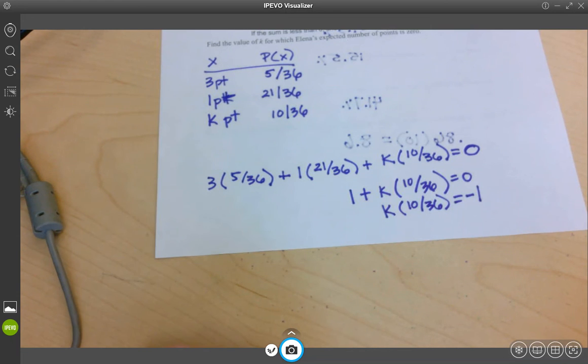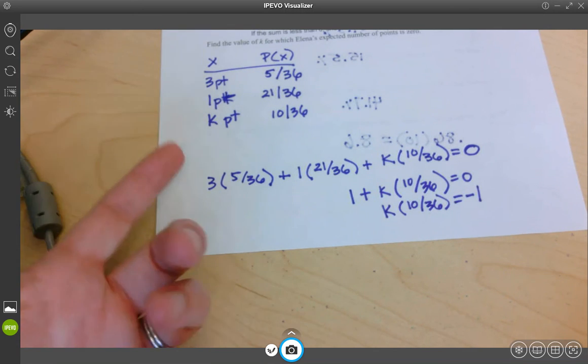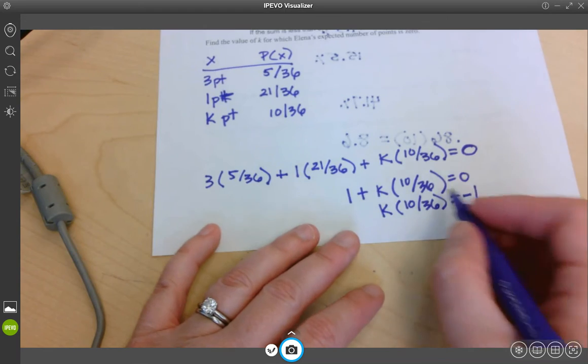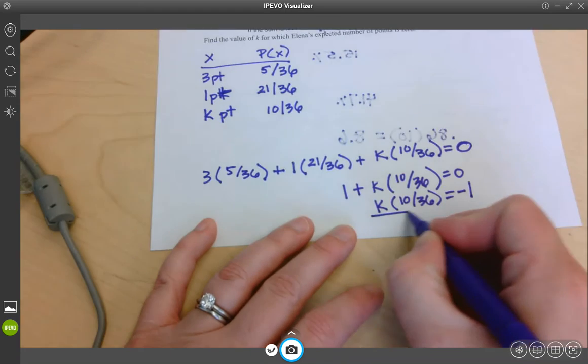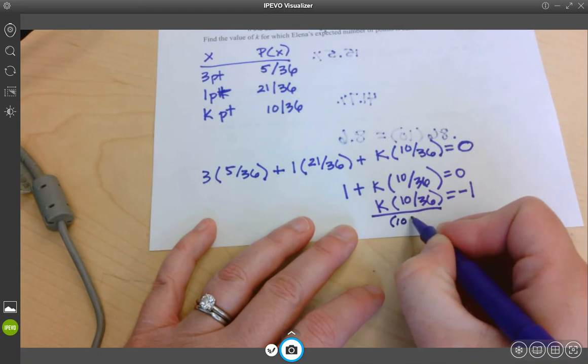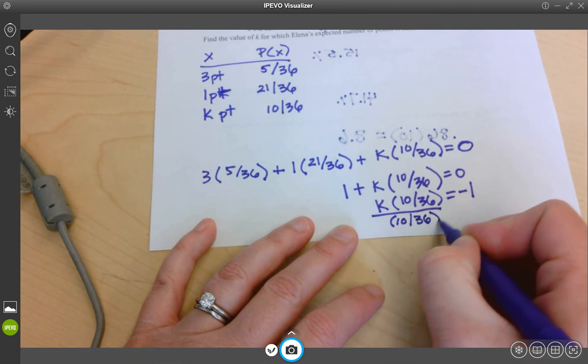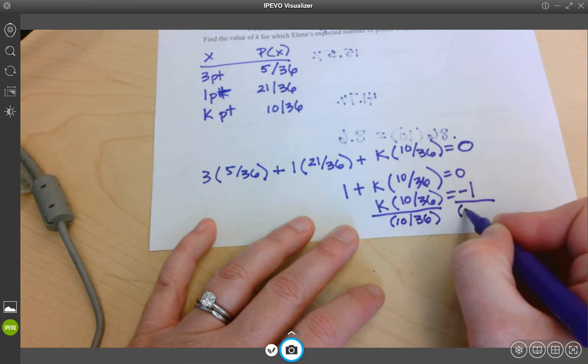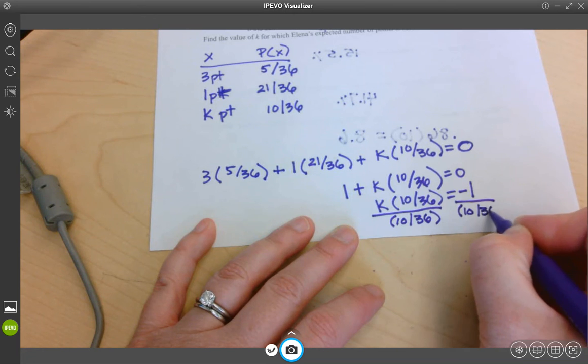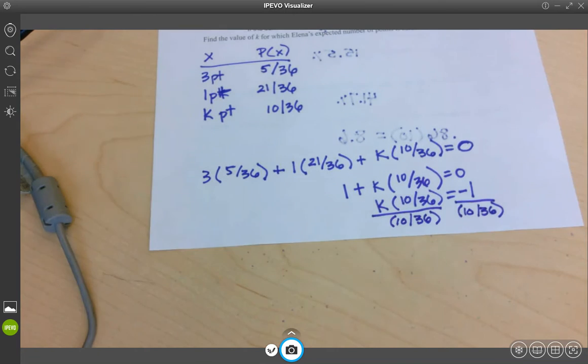That's good. Did anybody have a different strategy? Did anybody multiply by the reciprocal? It's also a possibility, but if you guys like Kenneth's strategy, we can do that. We're going to divide both sides by 10 over 36. I would recommend using parentheses on that 10 over 36 to hold it together. All right.